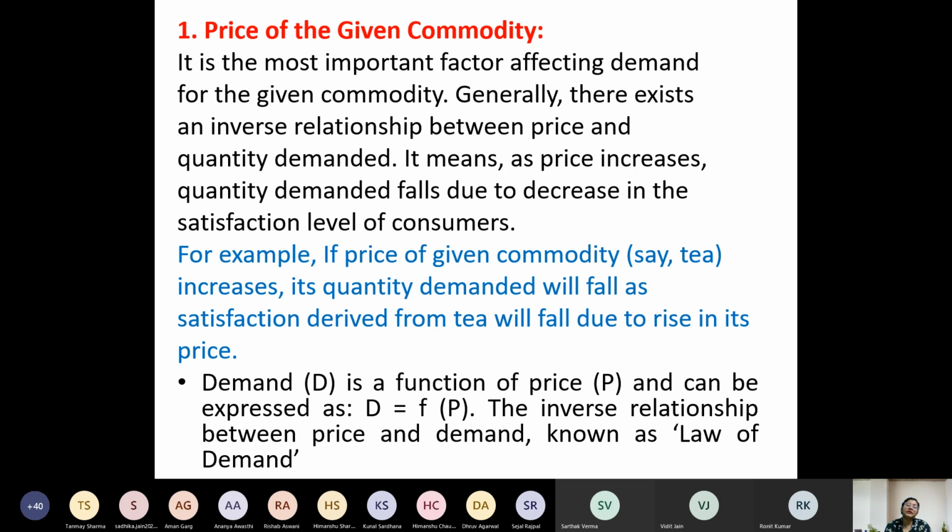So when the price of tea increases, my demand for tea will decrease. I may shift my demand to some other, substitute product. As the price of tea increased, what did I start doing? I started having coffee, right? And maybe I have decreased my consumption. Earlier I used to buy 1 kilo of tea a month, so now I have decreased the purchase of tea to only 250 grams or maybe half a kilo, right?